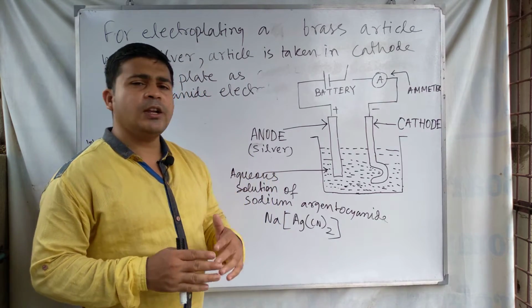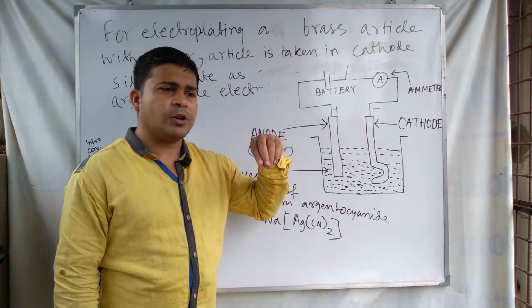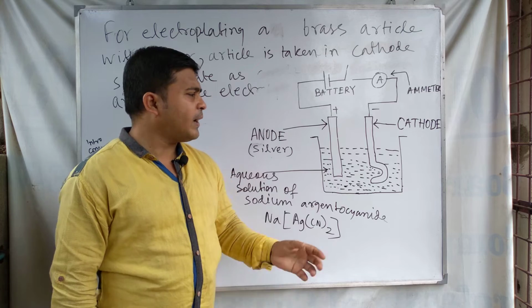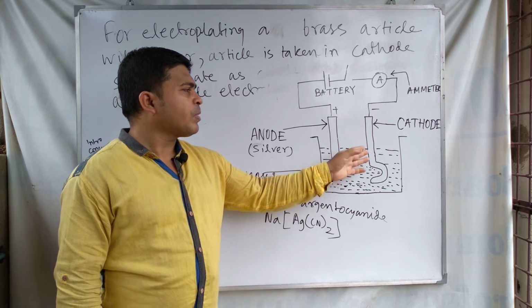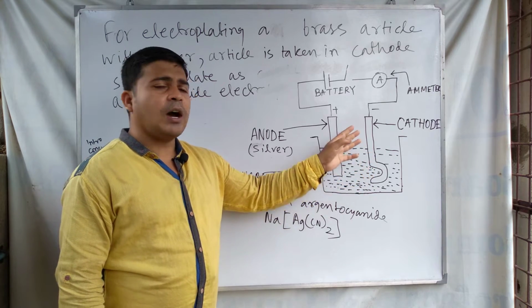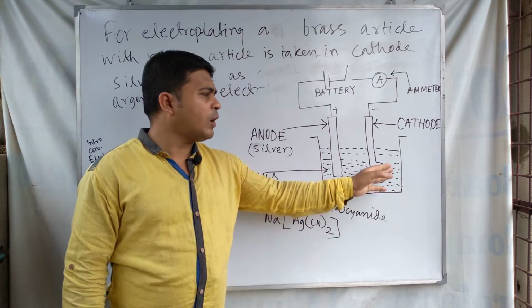We clean it by dipping it in hot concentrated caustic soda solution, and after that wash it with dilute hydrochloric acid, and then wash it with distilled water.